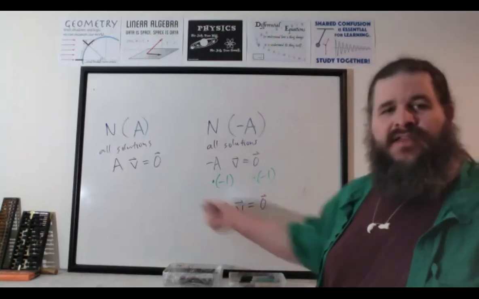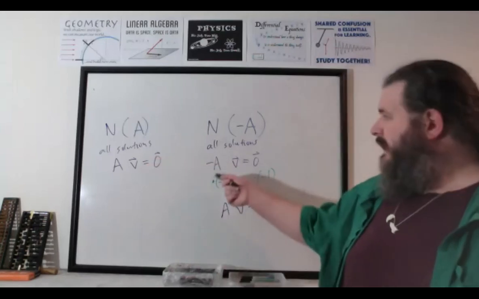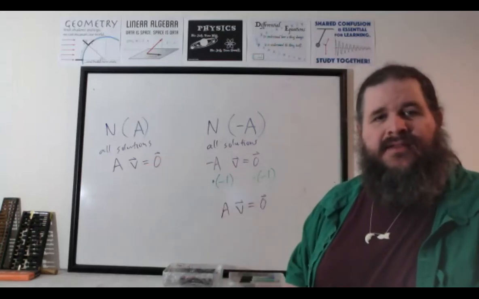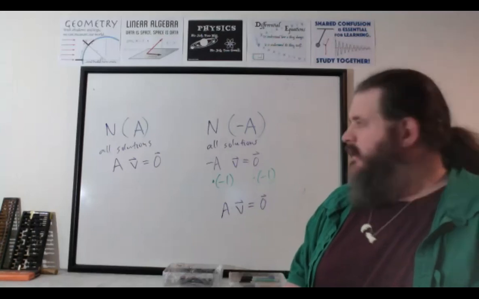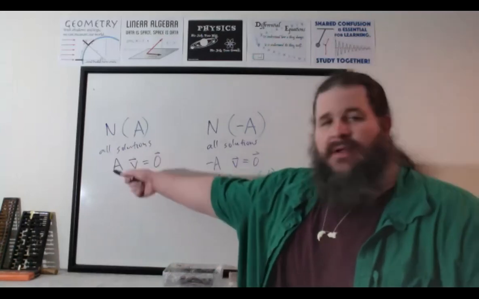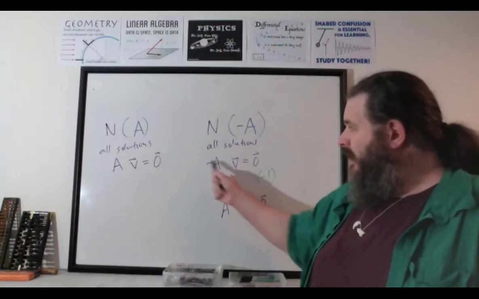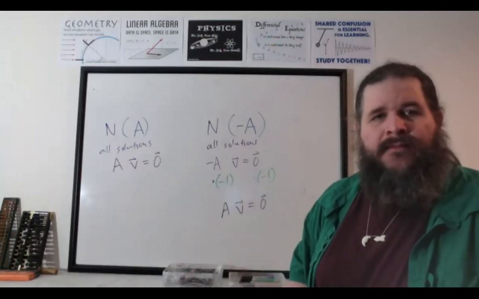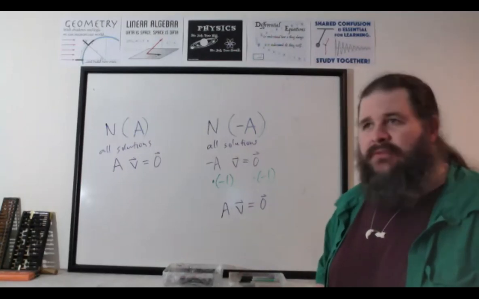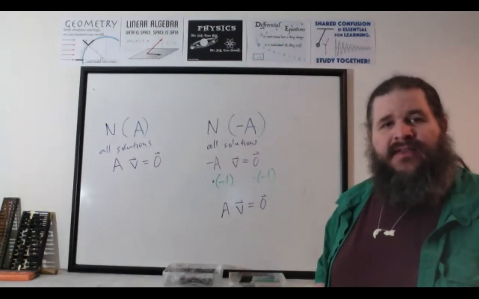So that means it's the exact same equation. Having this negative multiplier here doesn't change the fact that it's the same vector multiplying to 0. If you've got some vector that becomes 0 when multiplied by A, then that vector times negative A will still be 0, since 0 times -1 is also still 0. So it looks like a negative multiplier doesn't change what the null space is.